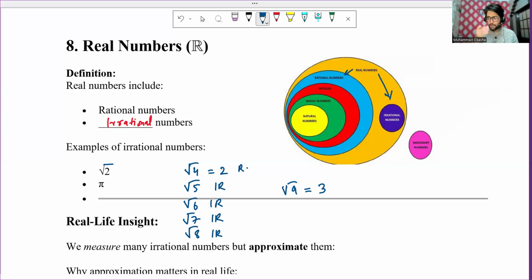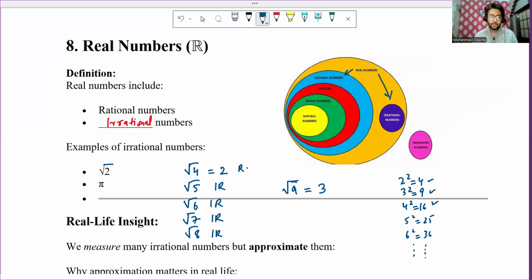We'll talk about squares and square roots in a while, so that'll make more sense. But the idea is square roots of perfect squares. 2 squared equals 4, 3 squared equals 9, 4 squared equals 16. These numbers are called perfect squares. 5 squared equals 25, 6 squared equals 36, and the list goes on and on.